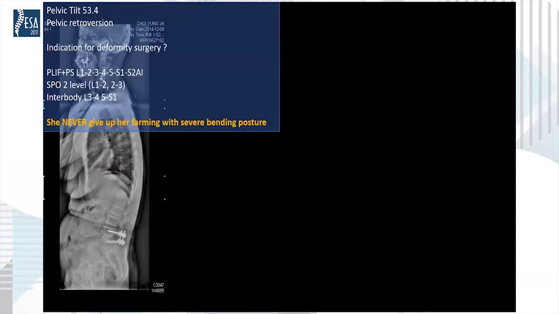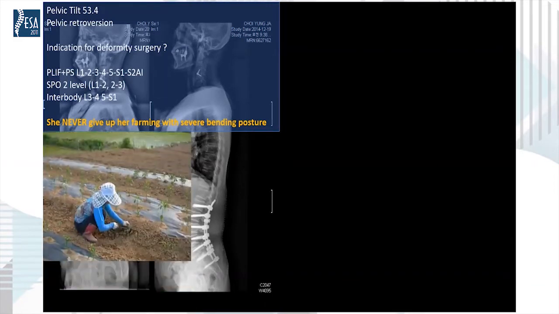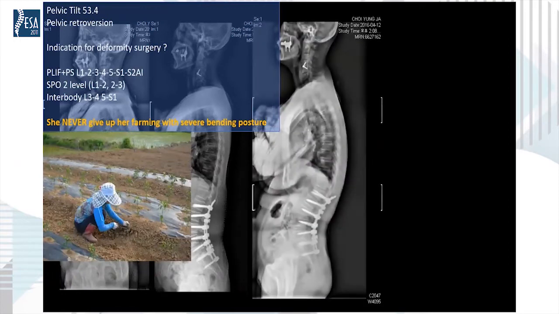This patient lived in a rural area. She underwent deformity surgery 7 years ago from L1 to S2 iliac screw. After surgery, she never gave up her farming with severe bending postures like this picture.